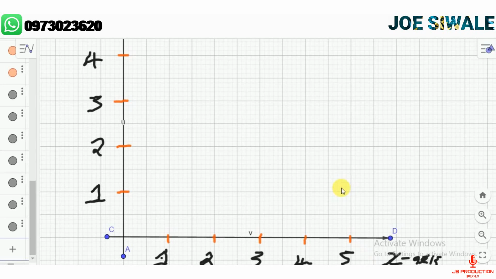So I've drawn my 1, 2, 3, 4, 5. I've also done the same to the y-axis. So the first inequality that I'm going to write is x is less than or equal to 4. So before I write x is less than or equal to 4, I know that x is equal to 4, it is this line.